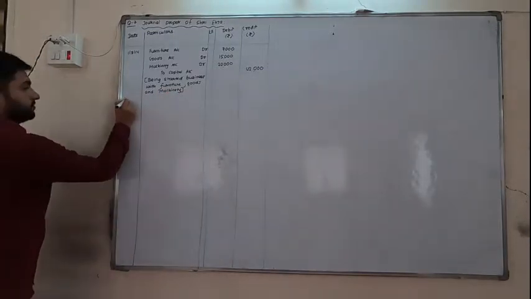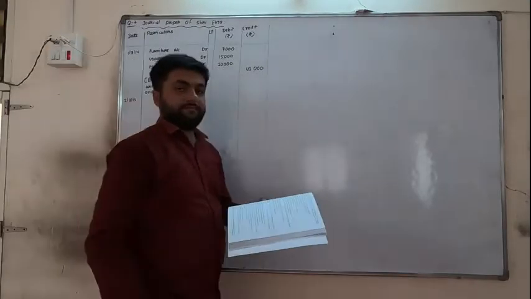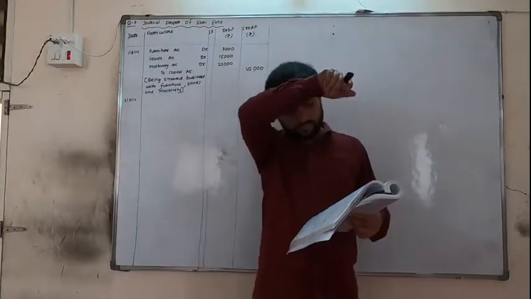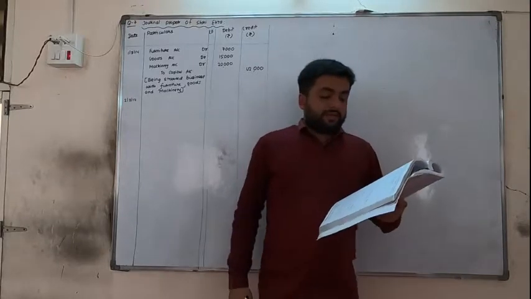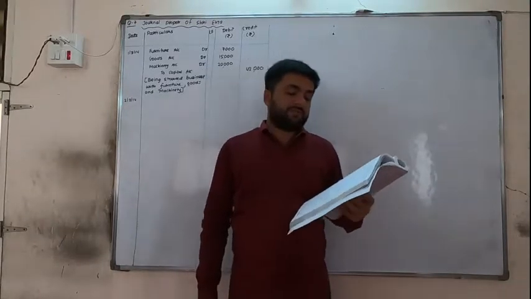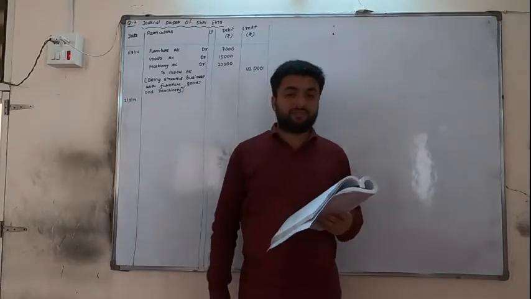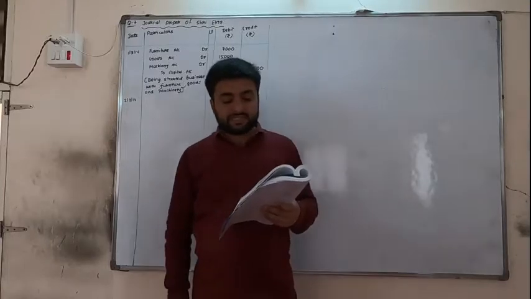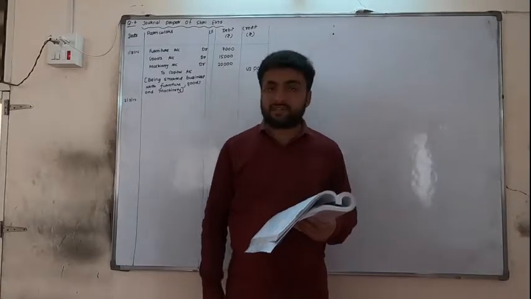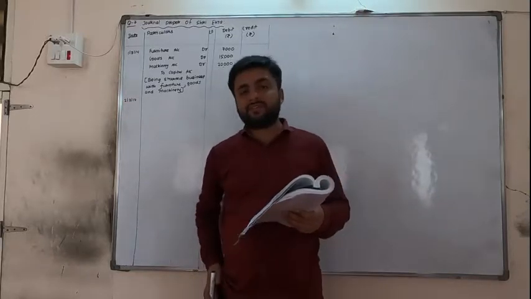Next, 2/3/14. Scientific calculator of 2,000 and cellular phone of 25,000 purchased from Kamlesh Traders. We are purchasing the assets from Kamlesh Traders and we have not paid the cash. So assets are coming in and Kamlesh Traders is the giver.